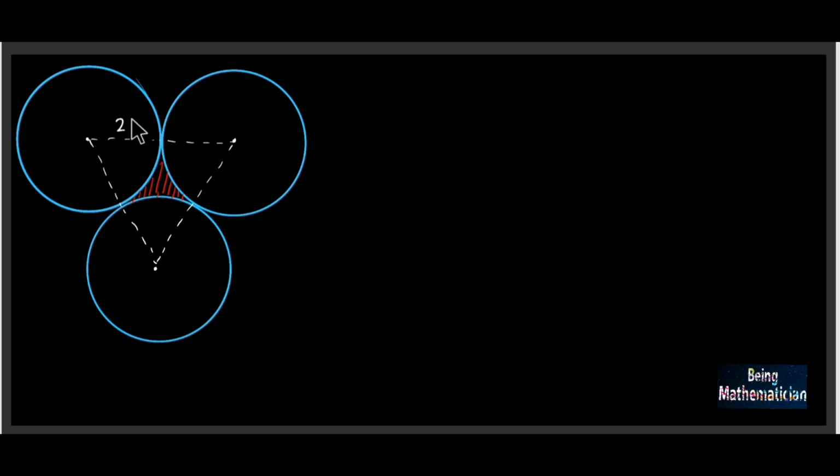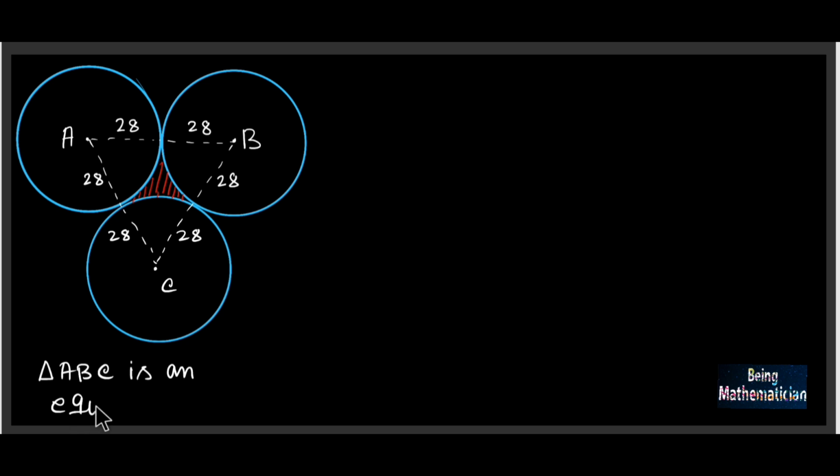So this is 28, this is 28, and so on. Let the centers be named A, B, and C. So it is clear that triangle ABC is an equilateral triangle of side 56 centimeter.